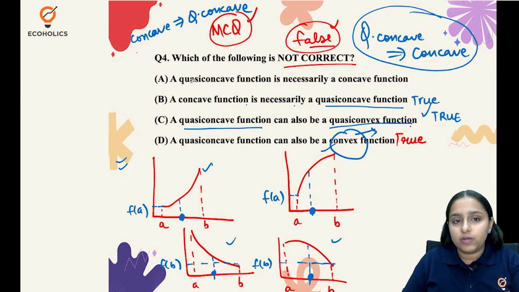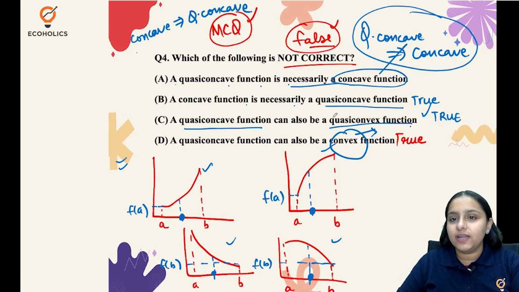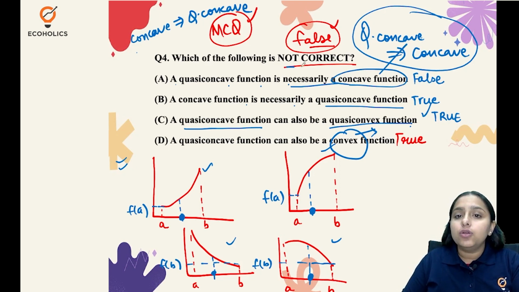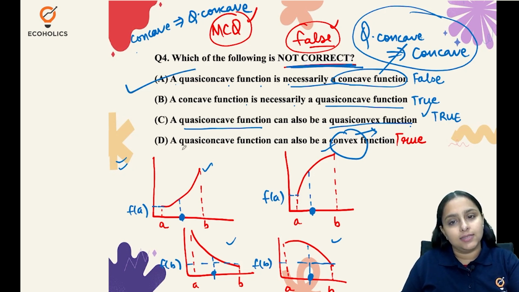Now the last one reads, a quasi-concave function is necessarily a concave function, which we have said is not going to happen, which means this is the false statement, and the not correct option is option A, which becomes your answer.